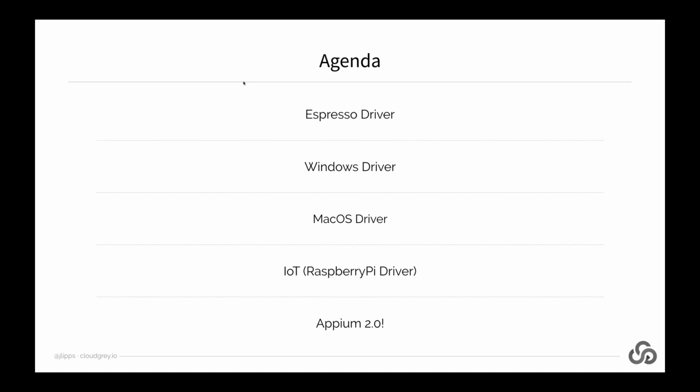That's definitely the most out there of all the ones we're going to look at. And of course, we will also touch on Appium 2.0. I've been working on Appium 2.0 a little bit, and I thought it was time to start circulating my ideas about what Appium 2.0 is, what its vision is, and what are some of the technical possibilities and changes that you might expect when it's released sometime next year.